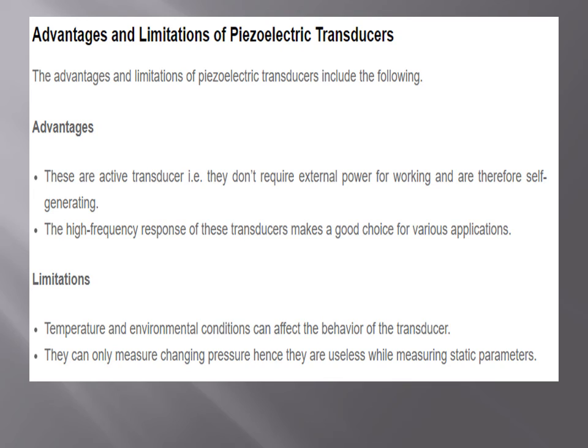The frequency response is from about 1 hertz to 20 kilohertz, with the natural frequency being of the order of 50 kilohertz. Their outputs are also quite large. And what are the limitations? Temperature and environmental conditions can affect the behavior of the transducer, that is, the output voltage is affected by temperature variations of the crystal.